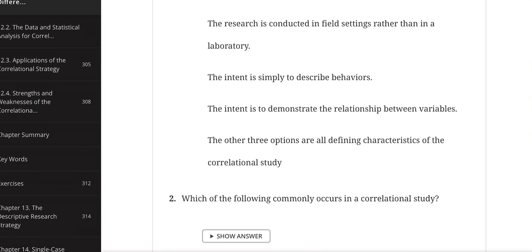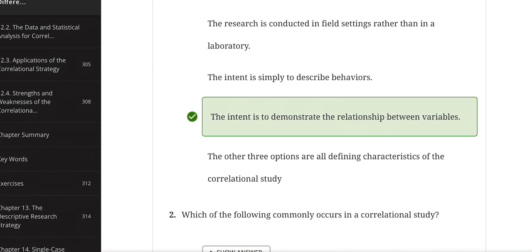And then this third one says the intent is to demonstrate the relationship between variables. Well, that sounds right. And then the last one says the other three options are all defining. Well, we already said the first two were not right. So it has to be the third one. Again, the goal of correlational research is to demonstrate a relationship exists. We want to see if there's a relationship and describe it.